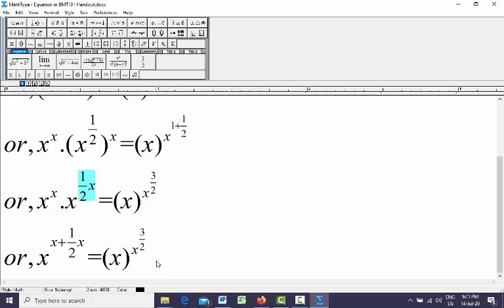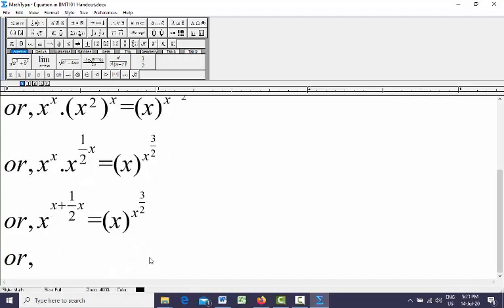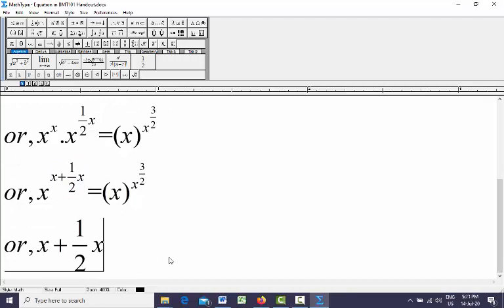Now you pay attention. On the left hand side the base is x, on the right hand side also the base is x, so these two bases x can be removed. So the powers will be equal to each other. That means this power will be equal to this power.